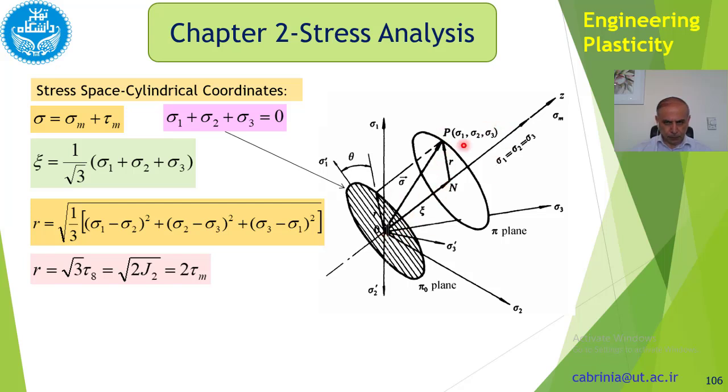And I will talk about this hydrostatic component and this assumption that it has no effect on the yield surface or yield function. We say that this zeta has no effect in the yielding of the material. Why it doesn't, we'll talk about later.